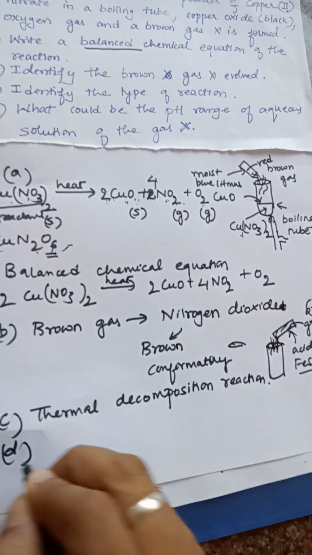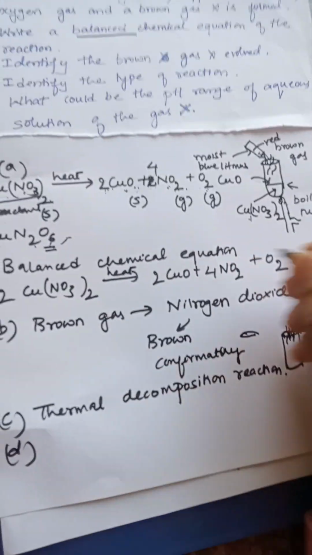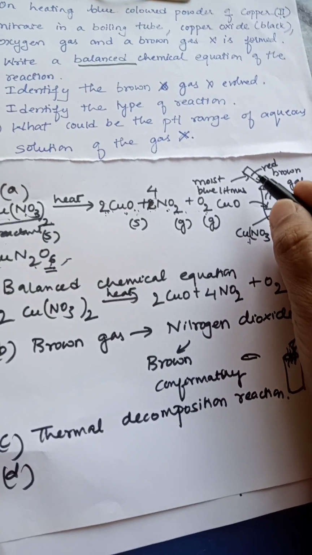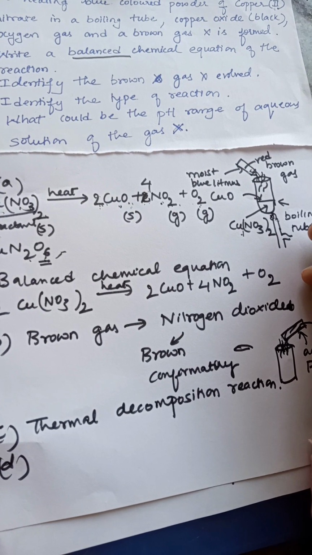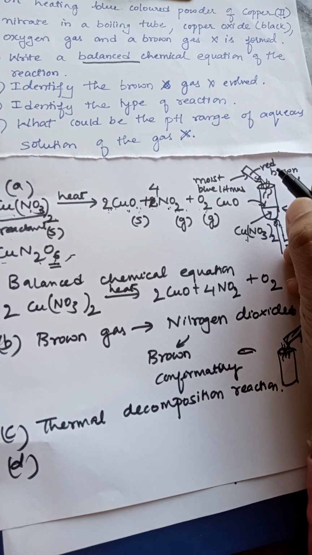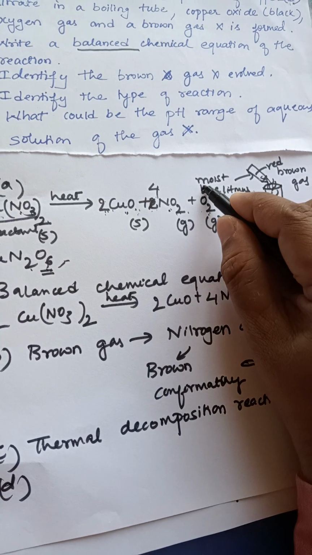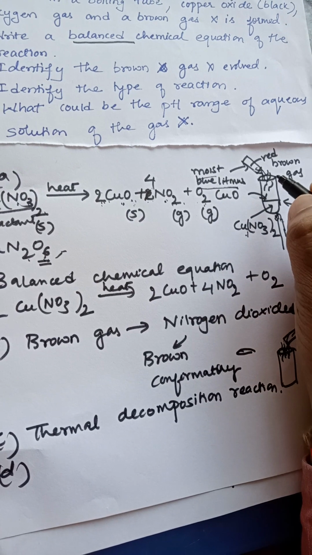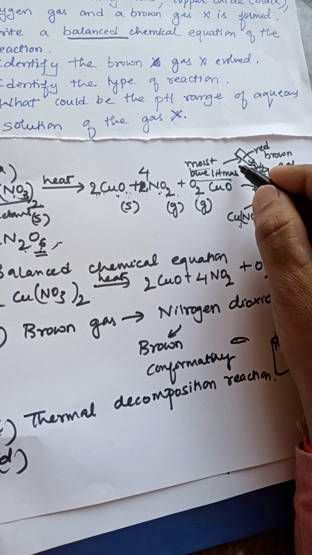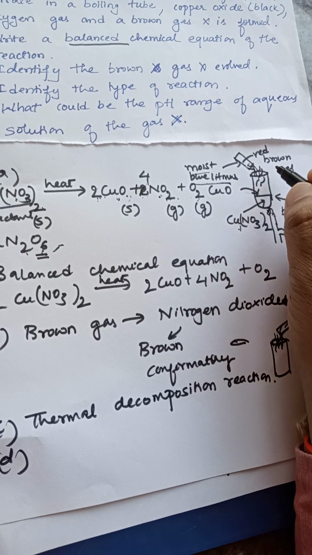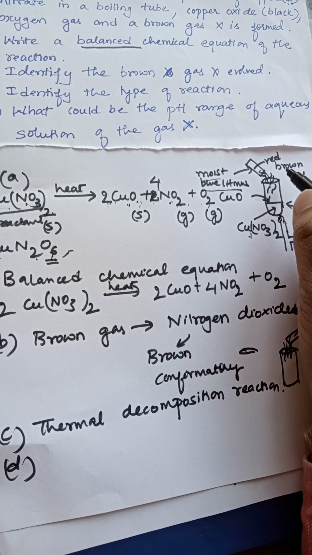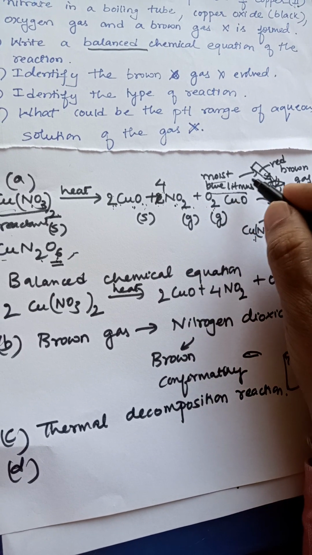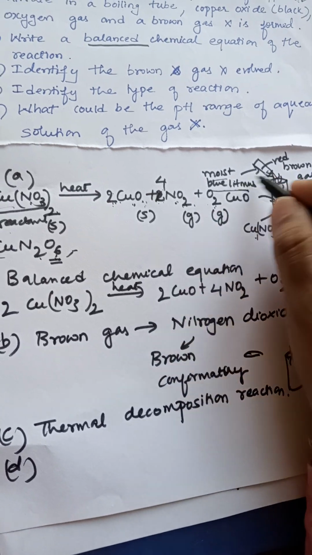What could be the pH range of aqueous solution of the gas X? I have already discussed this while discussing preliminary tests for testing nitrogen dioxide. I said that if you take moist blue litmus paper and bring it near the mouth of the test tube, and once this moist blue litmus paper comes in contact with the gas evolved, it will turn red. So we know that acidic substances can turn blue litmus to red color.